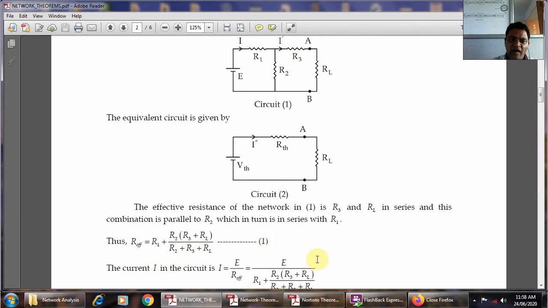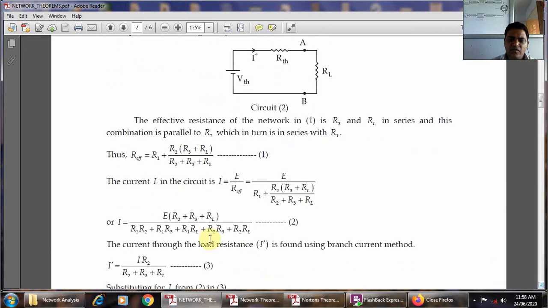Then the current I flowing through the circuit: this whole circuit is converted into the equivalent circuit, so I is equal to E upon the effective resistance. That is, I equals E upon R1 plus R2 into R3 plus RL upon R2 plus R3 plus RL.